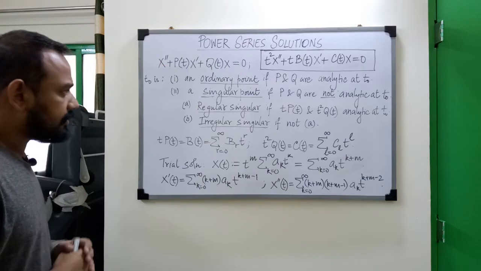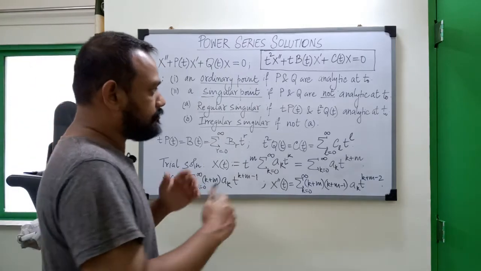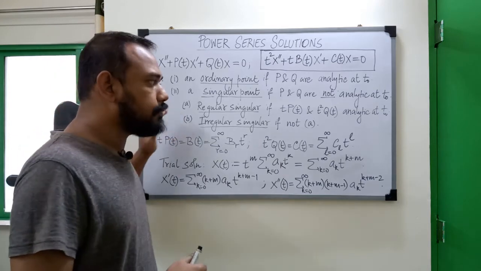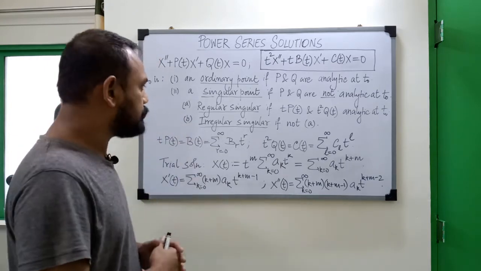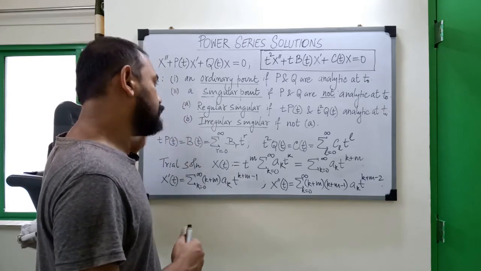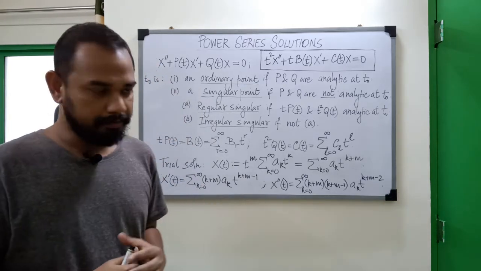If this happens, then t0 would be called a regular singular point, and we can solve a differential equation in this case using a power series solution, and that would be the Frobenius method.